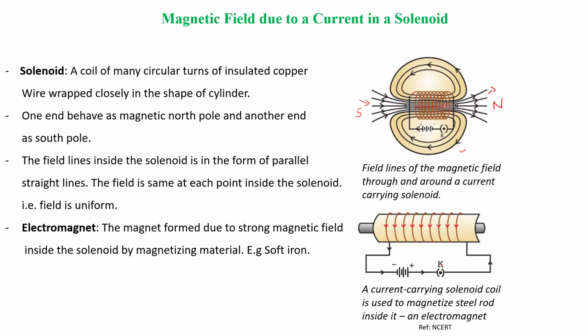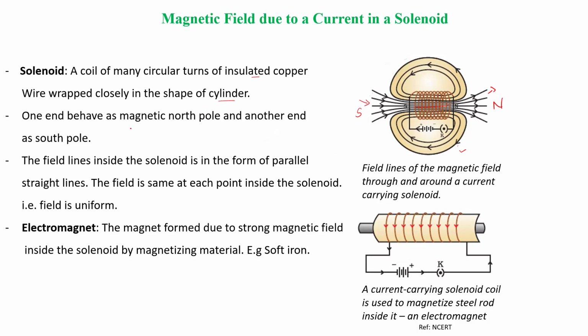This solenoid is also used to make a magnet. Some soft iron is kept inside this solenoid, and if current is passed through it, it will magnetize the soft iron. So finally, what is the solenoid? It is a coil of many circular turns of insulated copper wire wrapped closely in the shape of a cylinder.